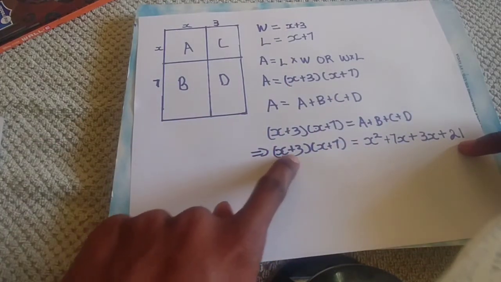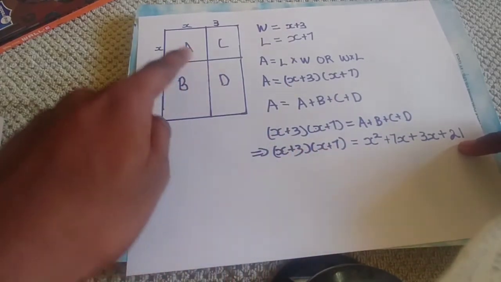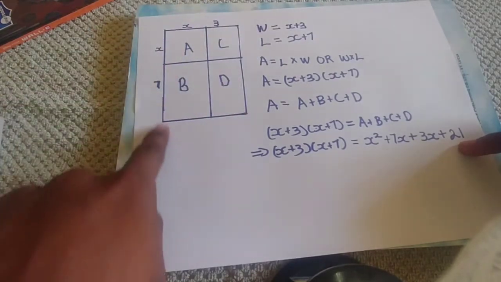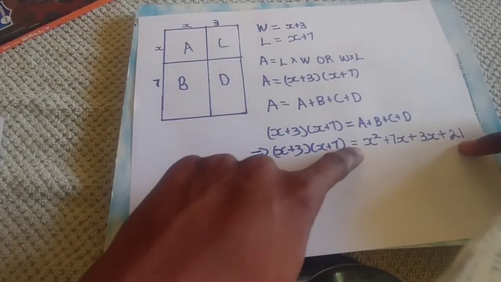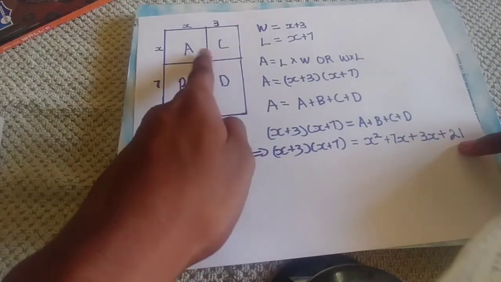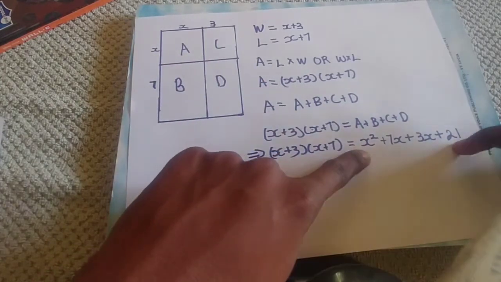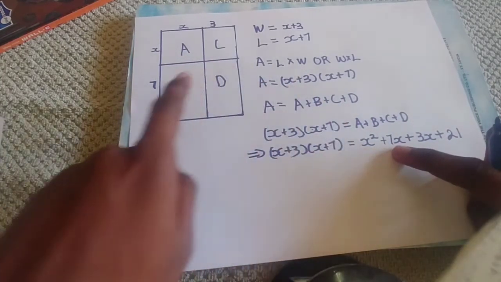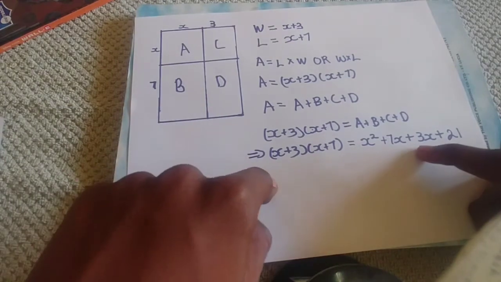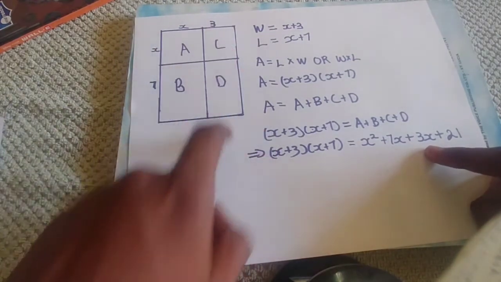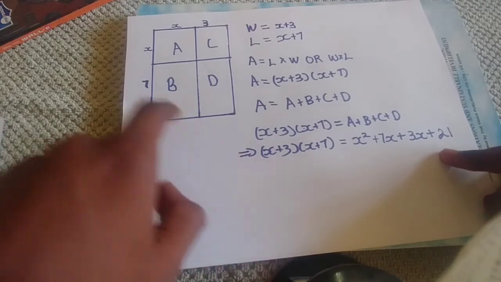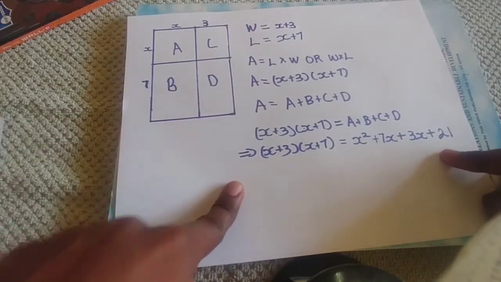So the area of the bigger rectangle, x plus 3 times x plus 7, is equal to the area of A, x times x, x squared, plus the area of B, 7 times x, 7x, plus the area of C, 3 times x, 3x, plus the area of D, 7 times 3, 21.